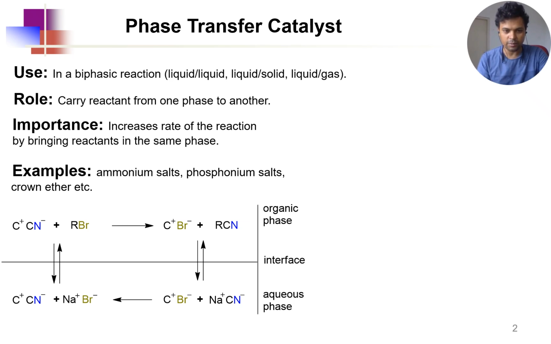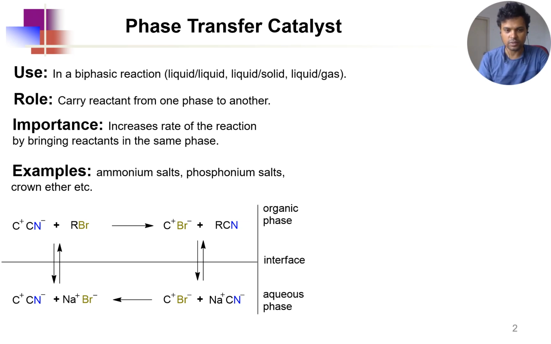So my sodium cyanide is here, and I have to take it to the organic phase. So first, you use the cationic species with the bromide. There is first an ion exchange between your catalyst, which you already have, like if you take the ammonium salt, tetrabutyl ammonium bromide.